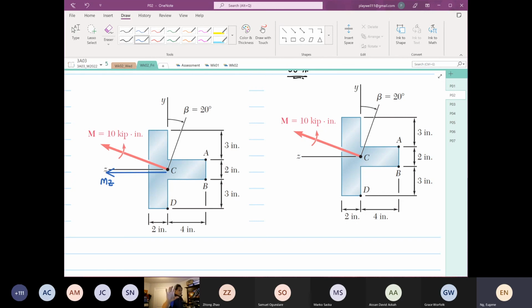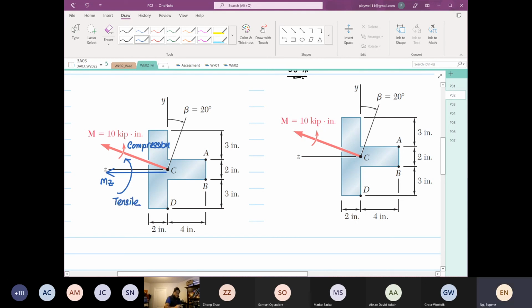Grab, not twist, like you twist like that you get lost. So when you grab, you realize that this is your MZ. So when the moment based on MZ, above the MZ linear arrow, this is your compression. And this is your tensile.